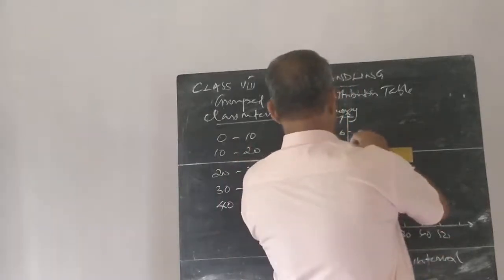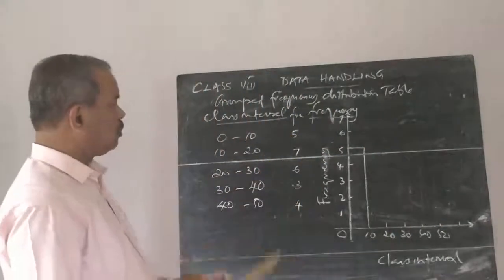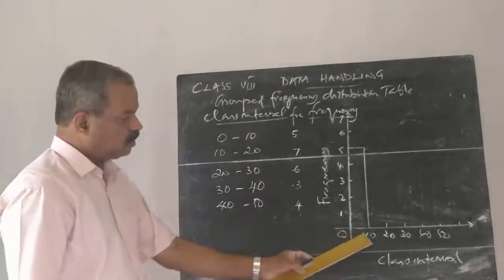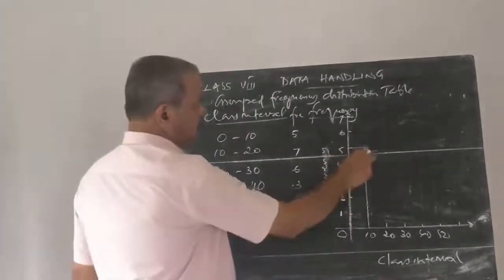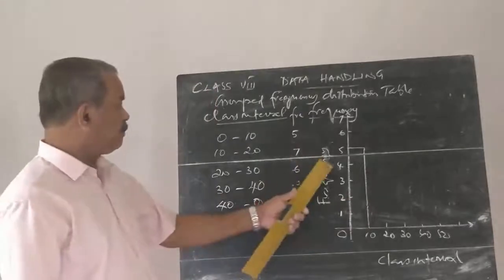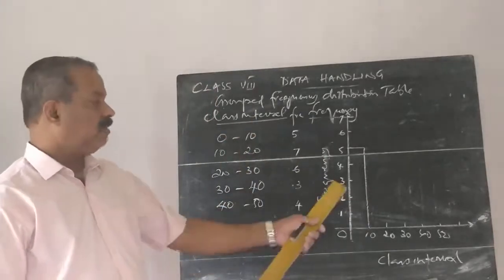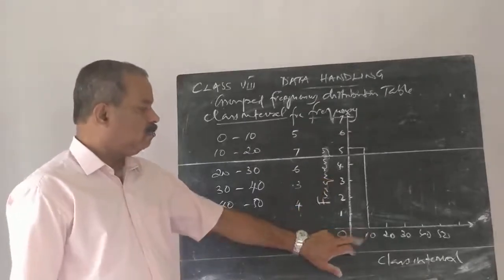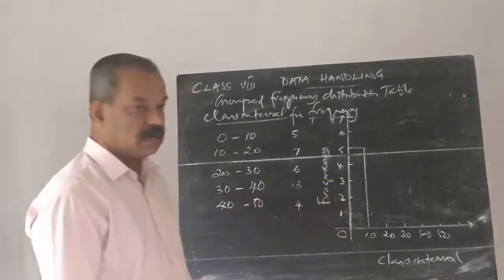The height of this rectangle is the same as the frequency of the first class interval, 0 to 10, which is 5. So the height of the rectangle represents the frequency, as we have drawn in the bar graph. This is the first bar.